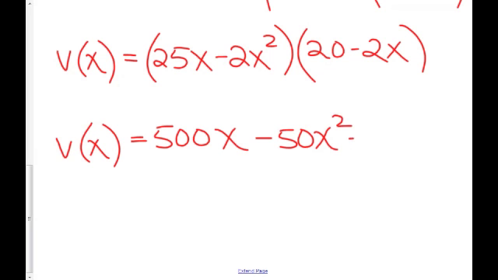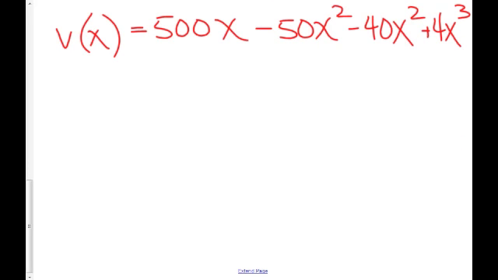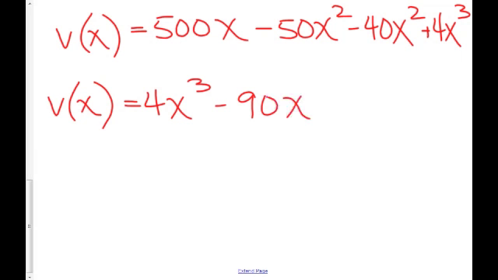Negative 2x squared times 20 is negative 40x squared. And negative 2x squared times negative 2x is positive 4x cubed. This is our model right here. The volume in terms of that side length x that we're going to be cutting off is given by 4x cubed minus 90x squared plus 500x.